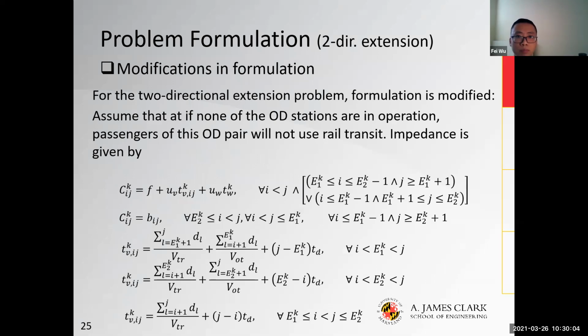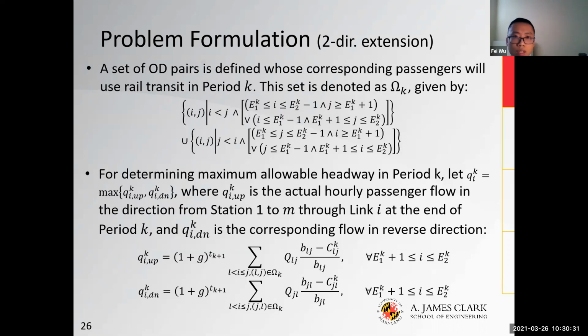So for the two-direction extension, some formulation is modified. Here are the modified calculations for the total impedance for each OD pair of passengers, and also the in-vehicle cost and in-vehicle time for these passengers.